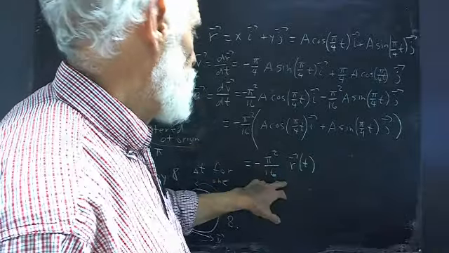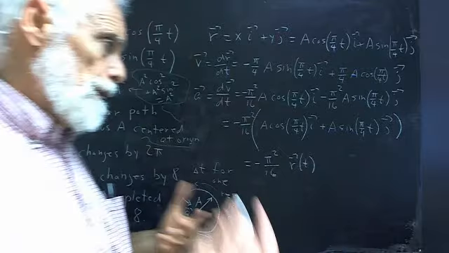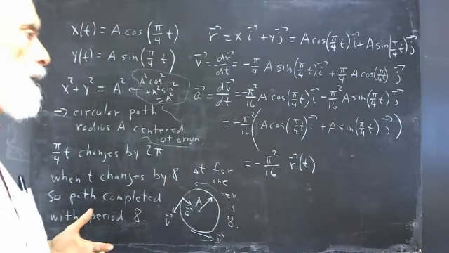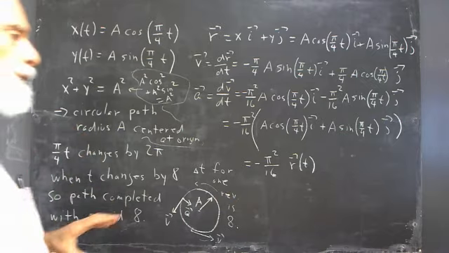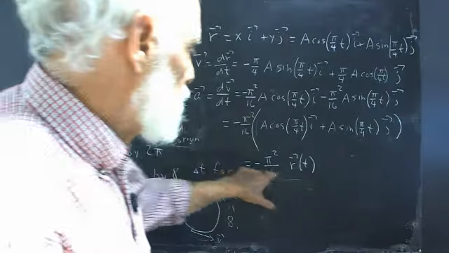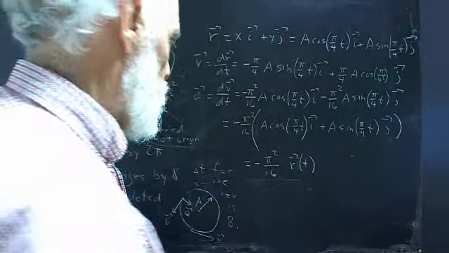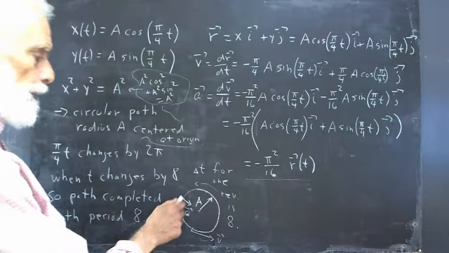This a vector is on a different scale than the v vector or the r vector. The scales are not commensurate. I'll come back to the reason for that. We see that the a vector is a negative multiple of the r vector. Now, what does that mean? Well, what's the r vector for this point?